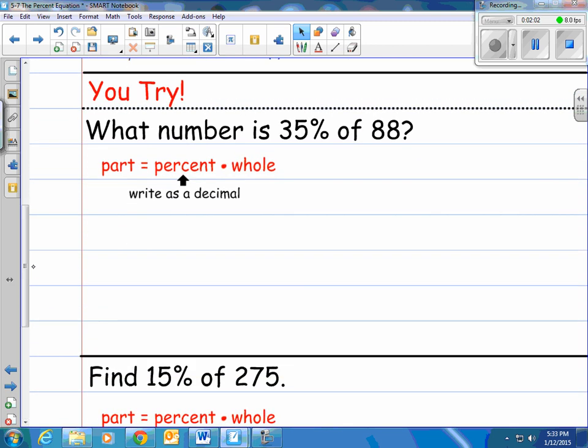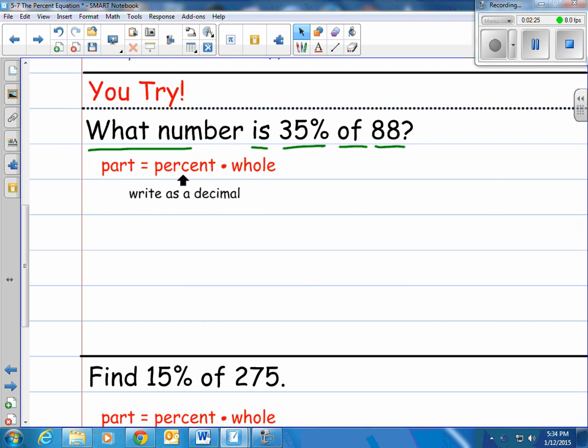All right, you give it a try. It says, what number is 35% of 88? Now remember, we have to find out what the part is, the percent, and the whole. In this case, we're looking for the part. And I like to simply do the translation. So we have what number is 35% of 88.